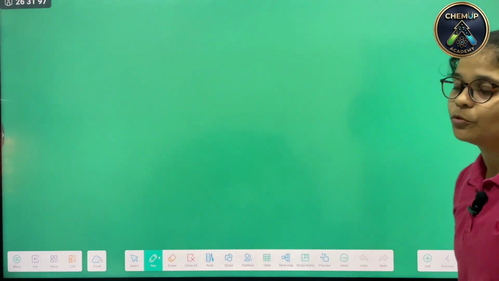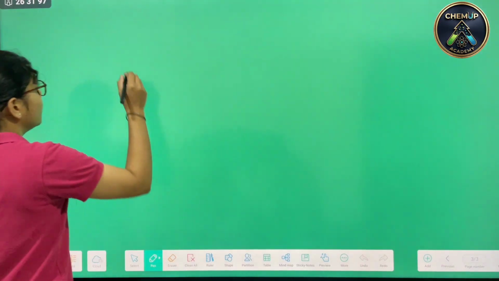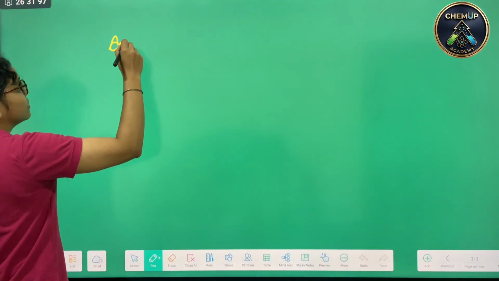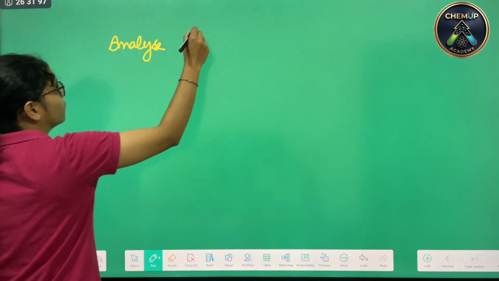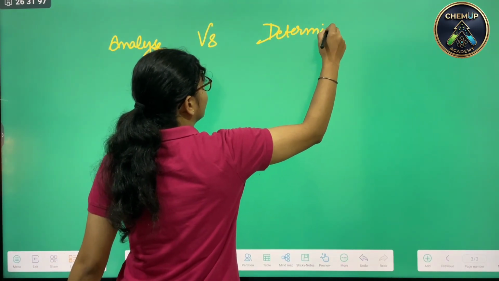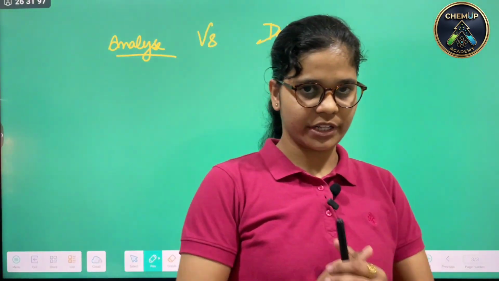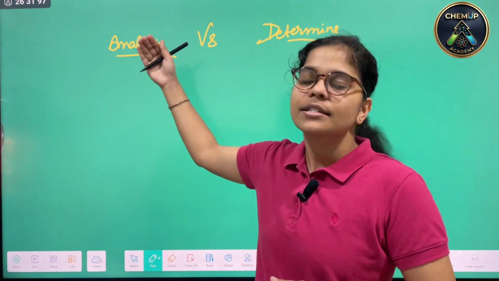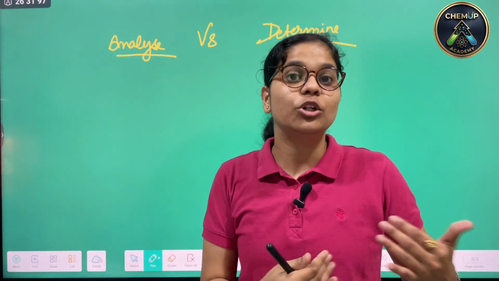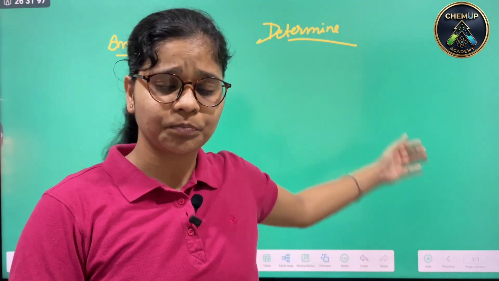But before actually moving on to the topic, there is a certain thing: analyze versus determine. These two terms are usually misinterpreted by most students. There are certain things for which we say you need to analyze it, and certain things for which we say you need to determine it.